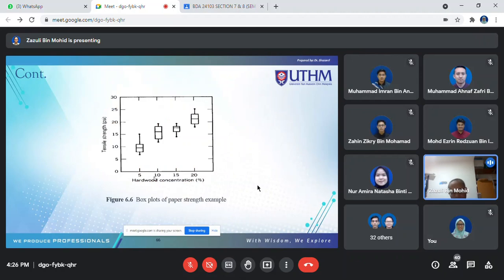In the previous chapter, maybe chapter 4, if I'm not mistaken, you already learned how to do box plots.